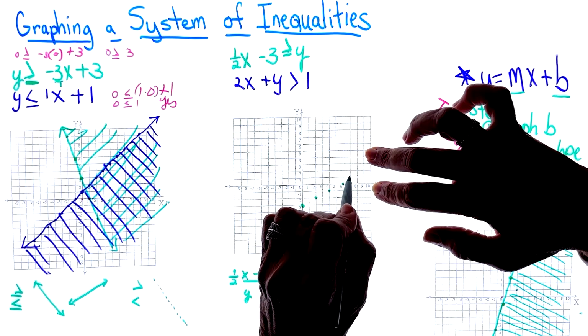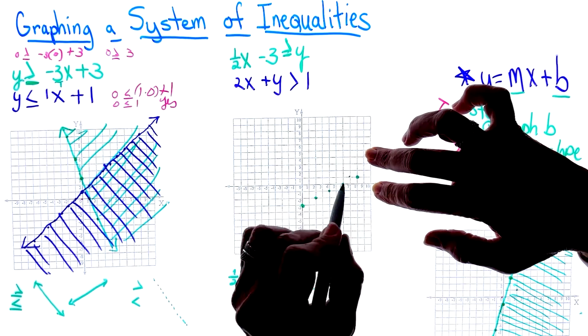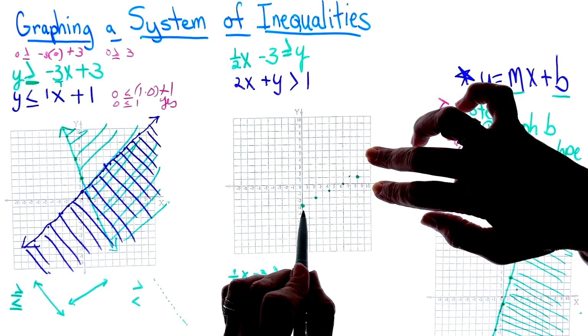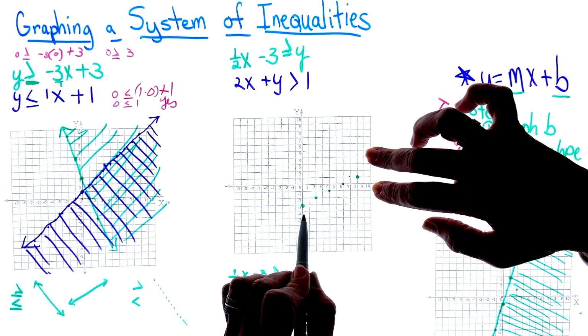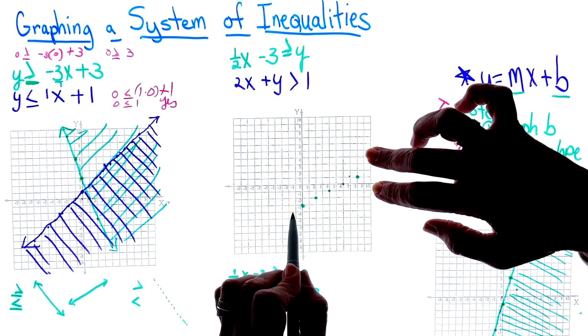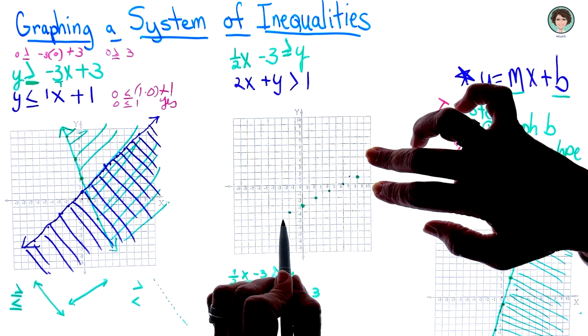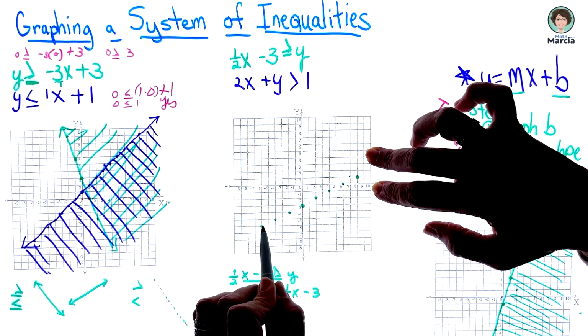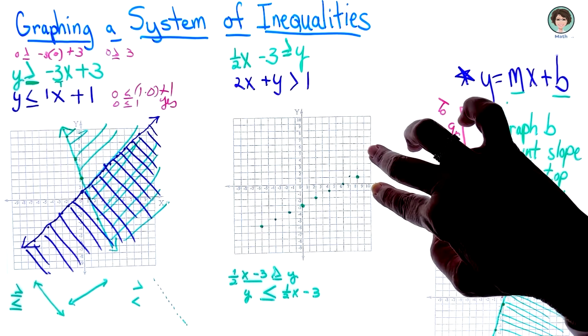And again, I like to do that for a lot of the graphs so I can see where things are overlapping. So down 1 over 2, down 1 over 2, down 1 over 2. And I think that's probably good enough.